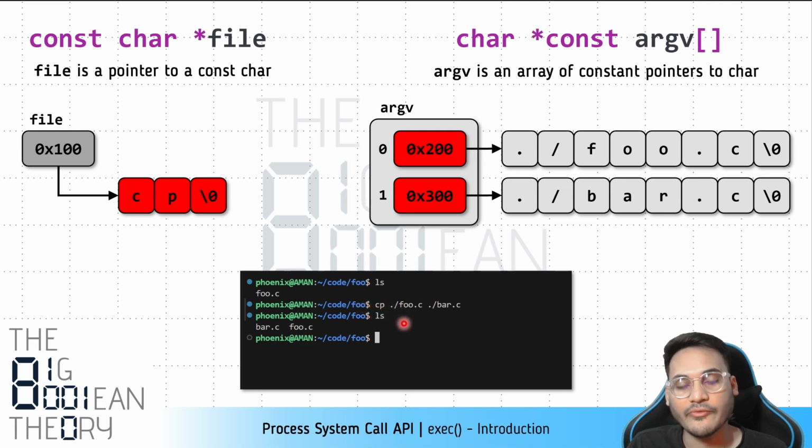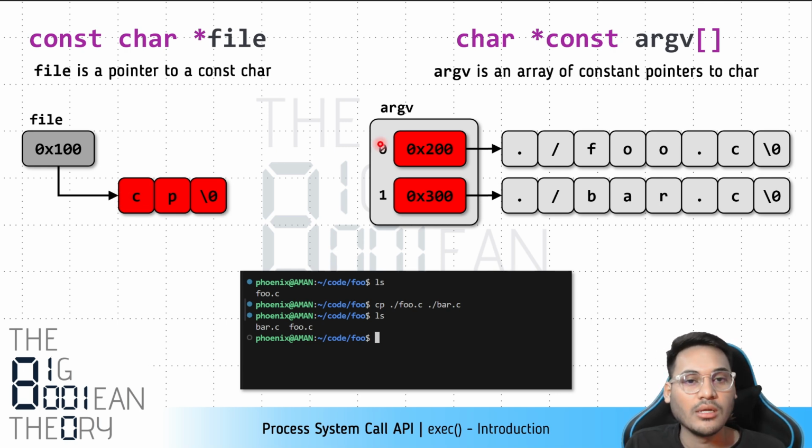So internally, when the shell executes the exec system call, it will specify the file name using something like this. The file variable will be a pointer pointing to a constant character. The red color signifies that we cannot change the contents of the character here. Although we can change the value of the pointer, we cannot change the value that it is pointing to. So this is the first part.